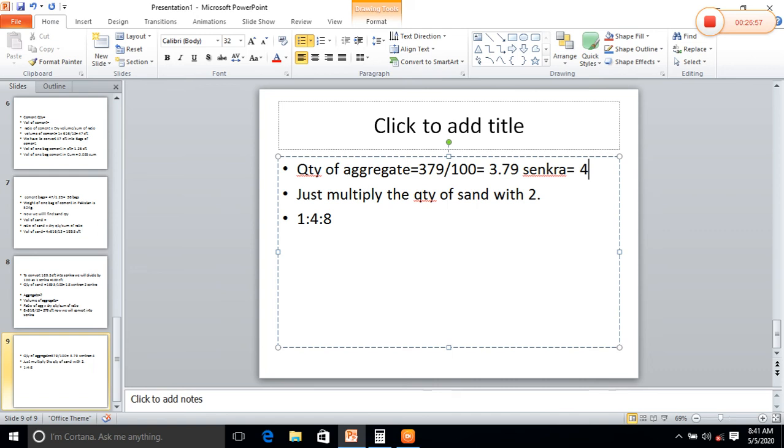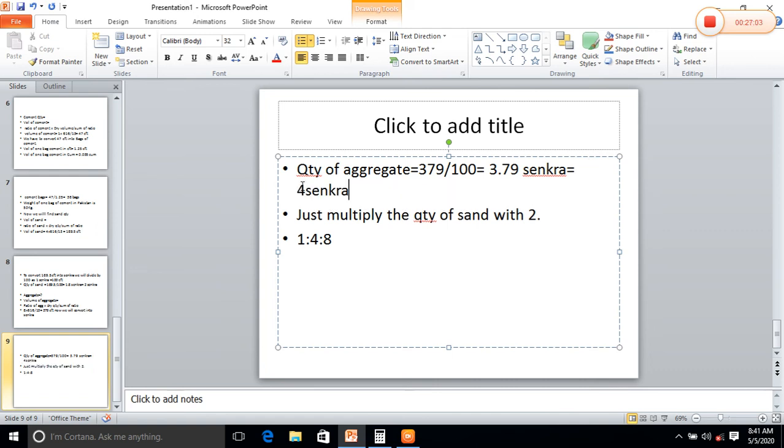Okay, now we will do a check. Now we check whether our quantity is correct or not. So how will we check?